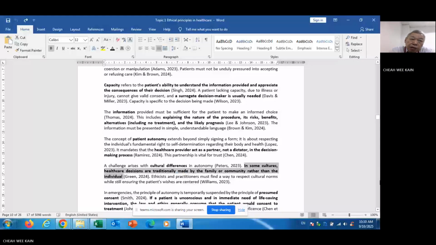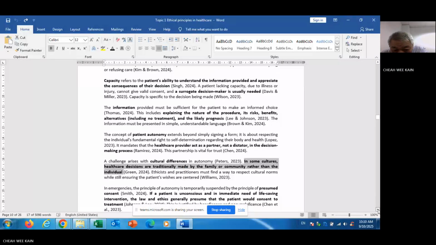So maybe the parents or somebody more elderly will decide, and the patient will just accept because it's their culture. Is it right or wrong? Well, it depends on the circumstances. I won't comment on that.